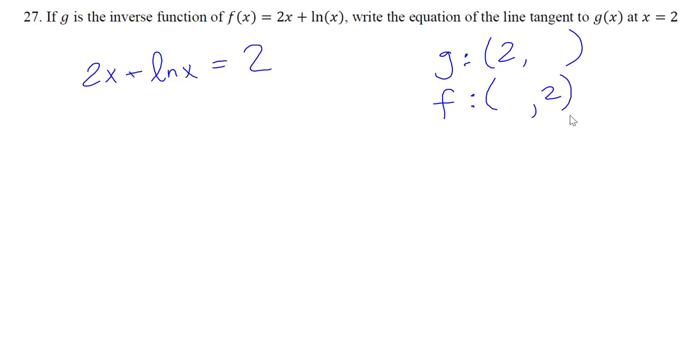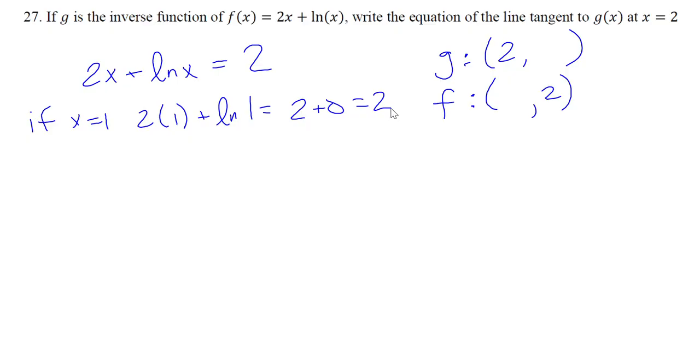And natural log of e being 1 doesn't really help us because then I would have 2e plus 1, which is definitely not 2. But if I plug in x equals 1, I get 2 times 1 plus the natural log of 1. Well, that's 2 times 1, which is 2, plus 0, which is clearly 2.